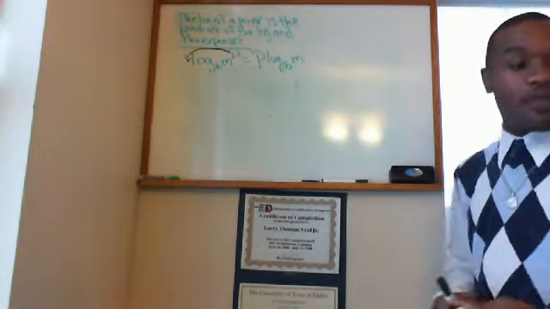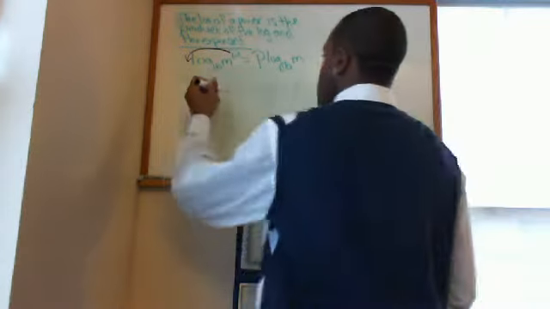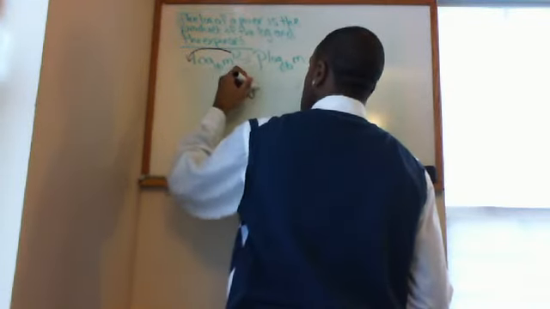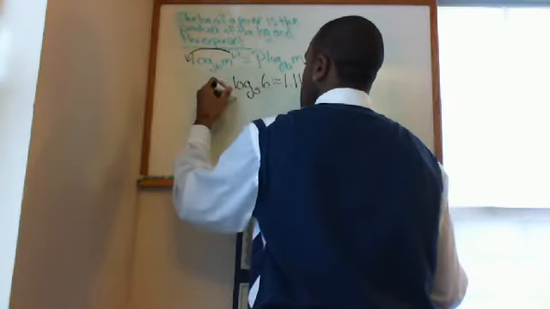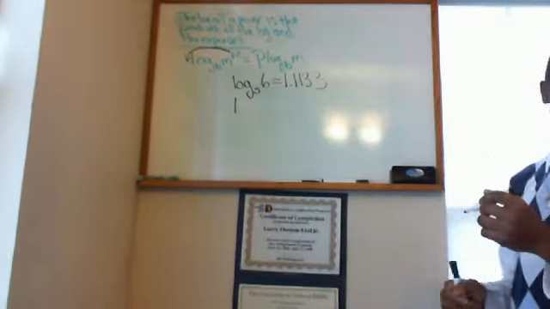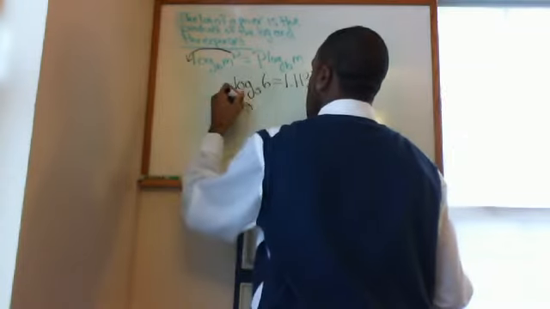So log base 5 of 6 is approximately 1.1133, and I'm looking for log base 5 of 216, right?